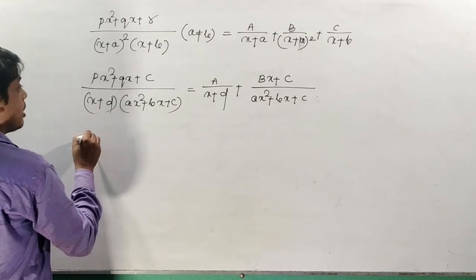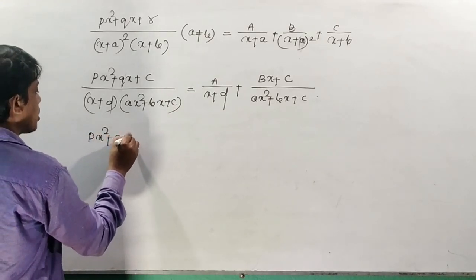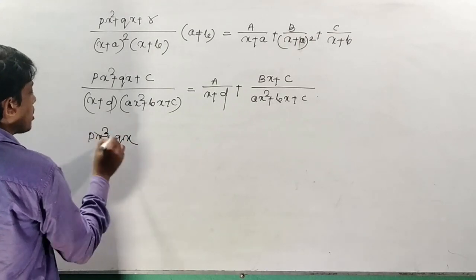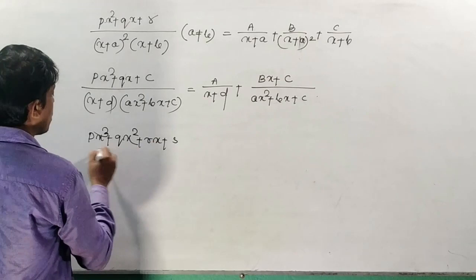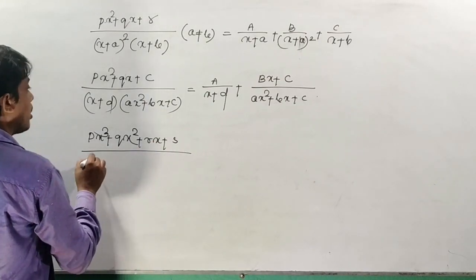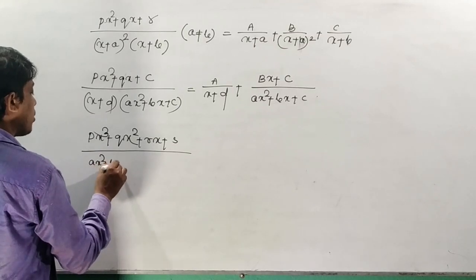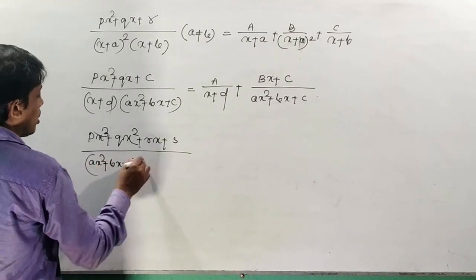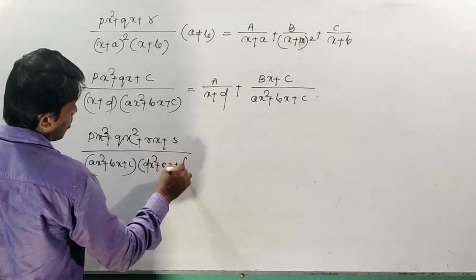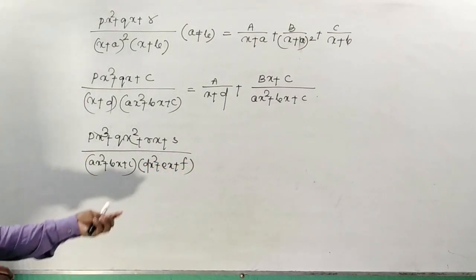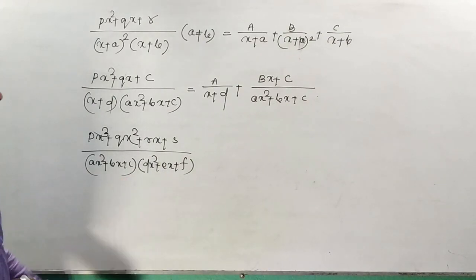And if the expression is px cube plus qx square plus rx plus s divided by ax square plus bx plus c into dx square plus ex plus f. That means the two factors are quadratic, non-reducible quadratic factors.